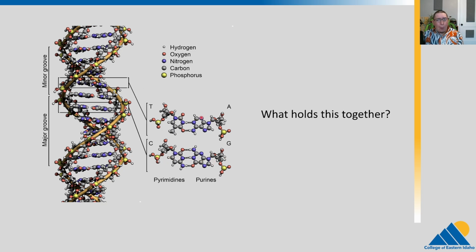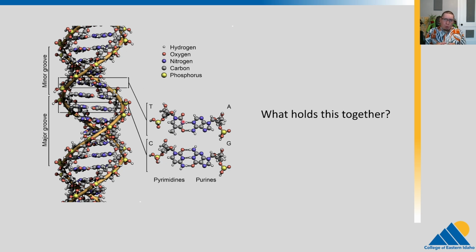Okay. What actually holds these together? I've mentioned it a few times. Look at this structure. Think about what I might have mentioned previously. Pause the video if you need to. Okay, so we've talked about a couple of different types of bonds, and I mentioned that DNA is held together, these nucleotides are held together with hydrogen bonds.